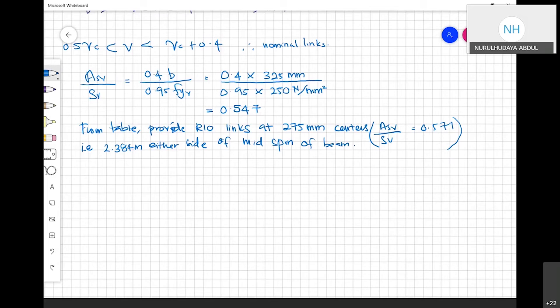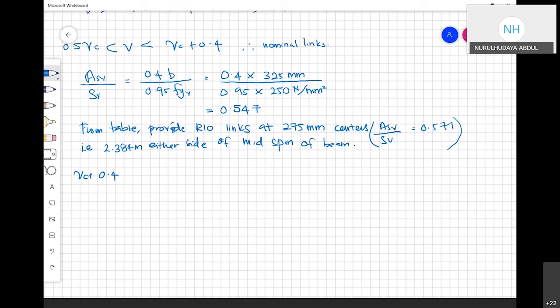Okay, the next thing that you have to calculate adalah design link. Because kita punya VC bukan less than 0.4, our VC is actually bigger than 0.4. So kita kena design VC plus 0.4.